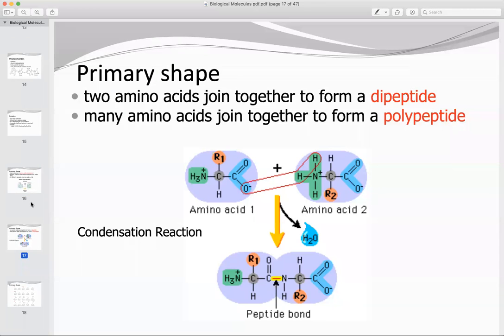So the primary shape of a protein, we said, is created by the joining together of amino acids in a linear sequence. When we join together many amino acids, we form a polypeptide. When reading your book or other literature, you may see the term polypeptide used interchangeably with the word protein.